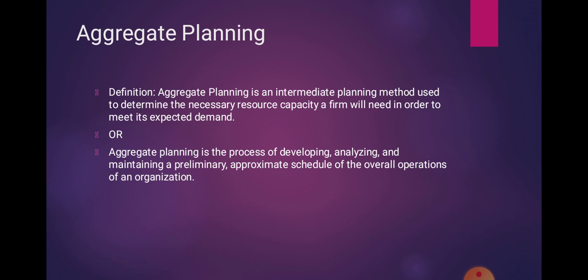Aggregate units of output could include gallons, feet, or pounds of output, as well as aggregate units in service industries such as hours of service delivered, number of patients seen, etc.